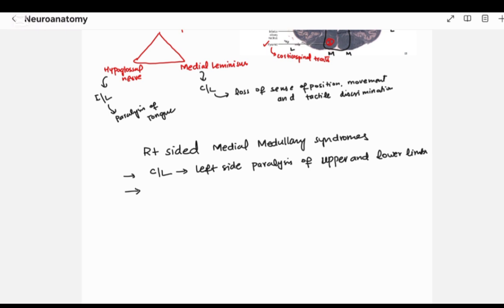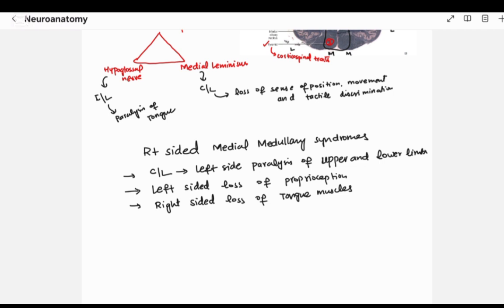Then we'll have a contralateral, or left-sided, loss of proprioception, and right-sided loss of tongue muscles.